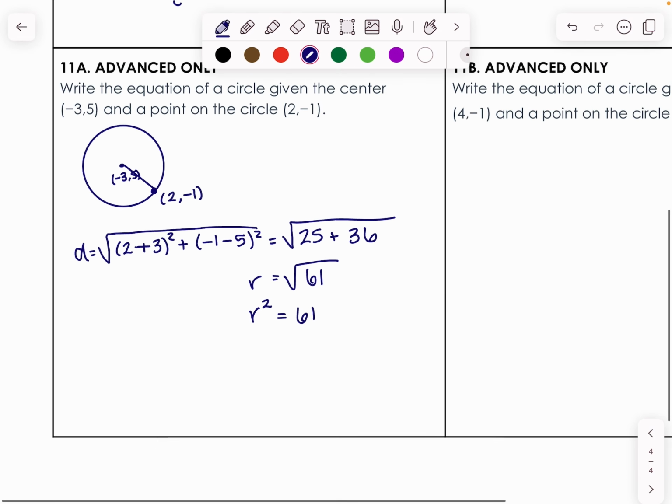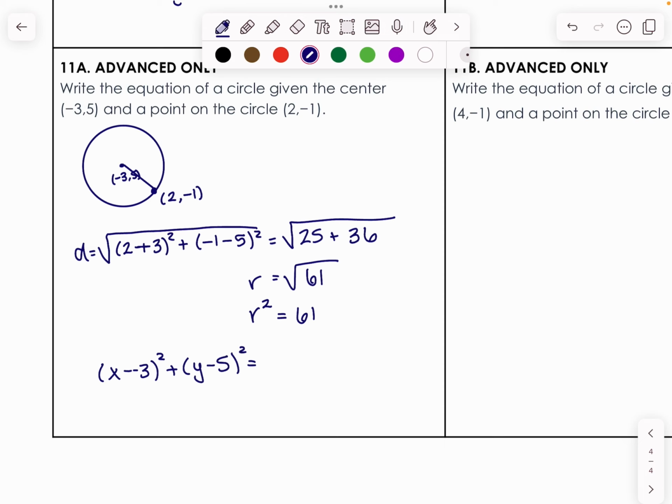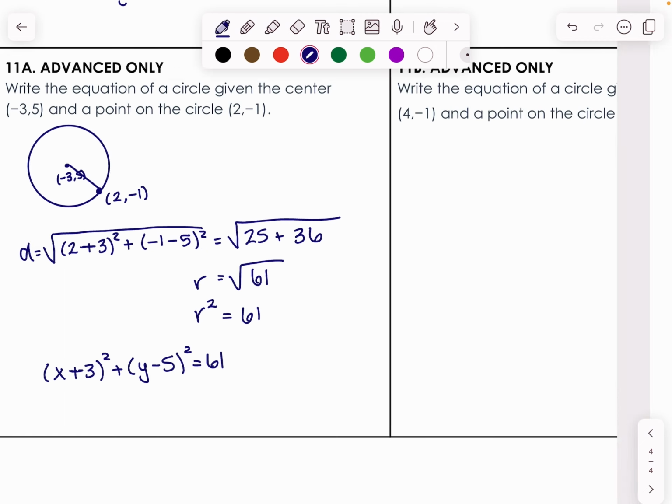Okay, so then to write my circle equation, I have my center. So I do x minus -3 squared plus y minus 5 squared equals r squared, which is 61, and then I just have to clean up that double negative. Okay, so then y'all go ahead and do 11B.